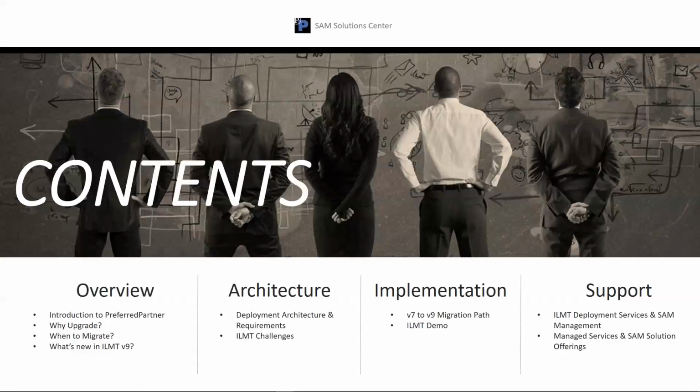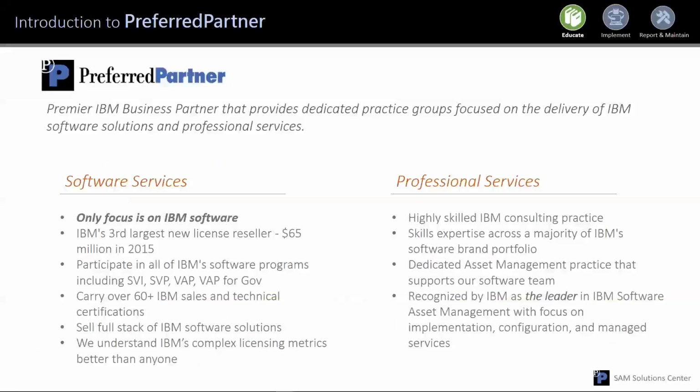Anna Pullman will cover the implementation piece, the version 7 and version 9 migration path, along with a short live demo for you. And then we'll wrap things up with an ILMT deployment services and SAM management offering from Preferred Partner, and some of our ongoing managed services and SAM strategy.